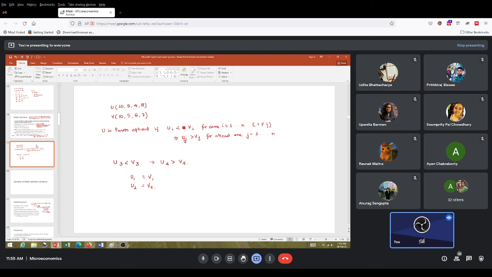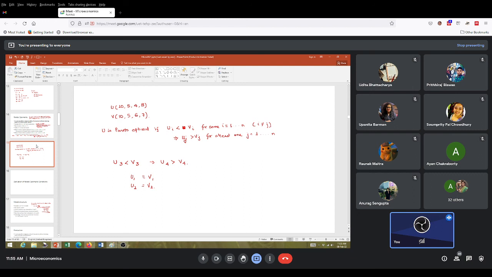See what you can think. See, I used utility just as an example. Instead of that, you can simply assume that the commodities are known. You know how much you are consuming, and you know that A has more utility than B, or vice versa, but you don't know how much.